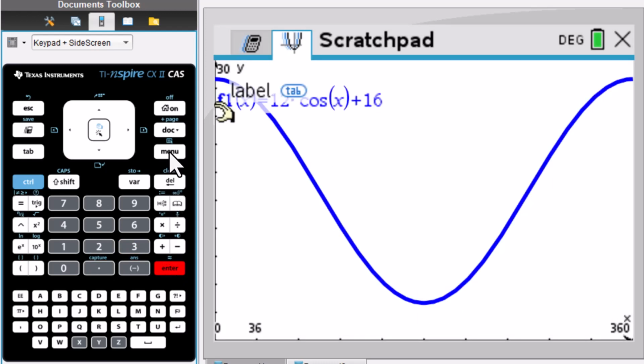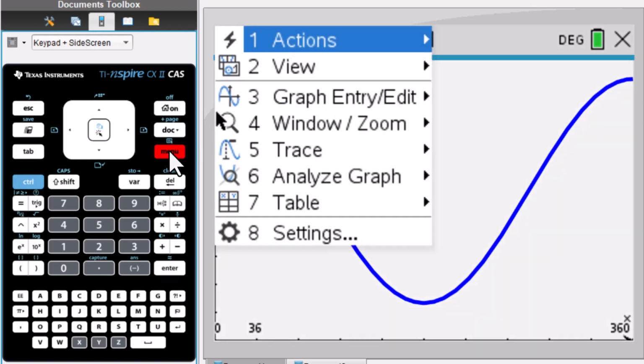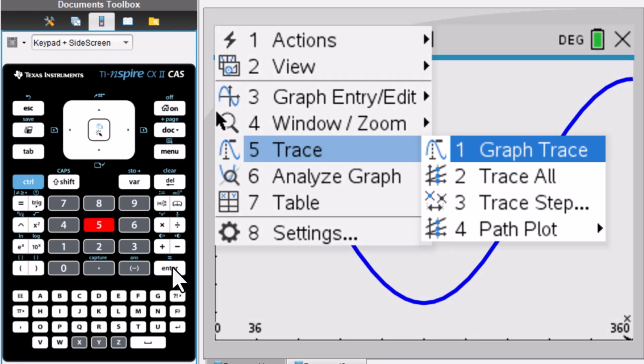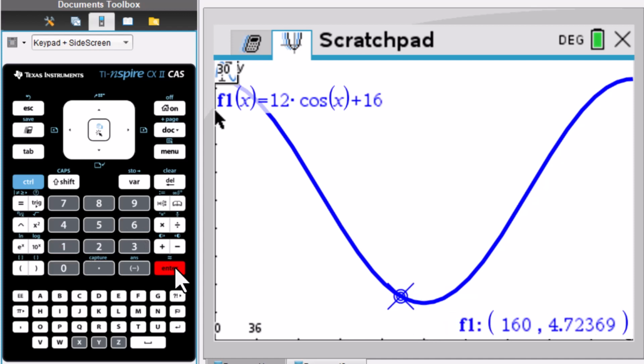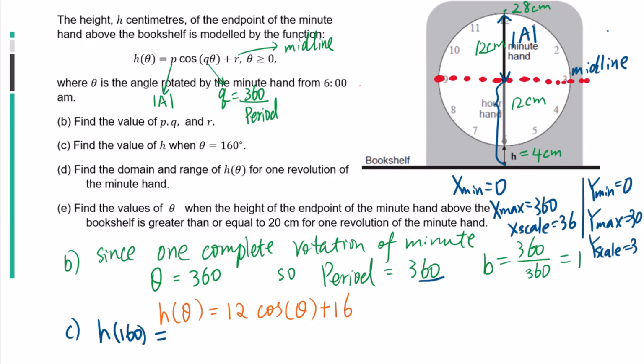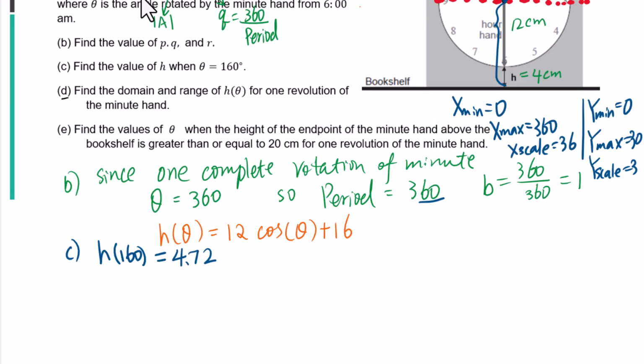Enter. We are looking for h of 160. Let's use trace to figure this out. Menu 5, enter. Put 160 here. Enter. It gives you the answer 4.72 directly. So for C, h of 160 equals 4.72.